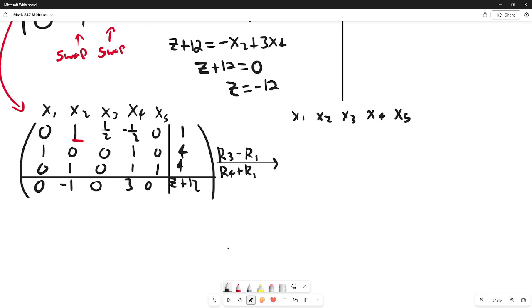We know that nothing's going to change with R1 anymore, so 0, 1, 1 over 2, negative 1 over 2, 0, 1. And remember, we're doing R3 minus R1. So 0 minus 0. Actually, wait, we don't need to do anything with R2 either, so let's just write that really quickly.